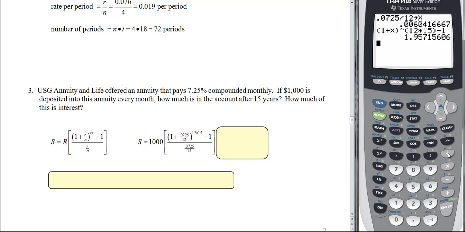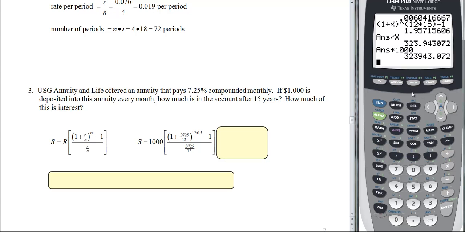I've got to divide that by my denominator, which I have put in for X. Now I've got to multiply that by 1,000. So we should have $323,943.07. That sounds great. 15 years. But guys, it's not 1,000.